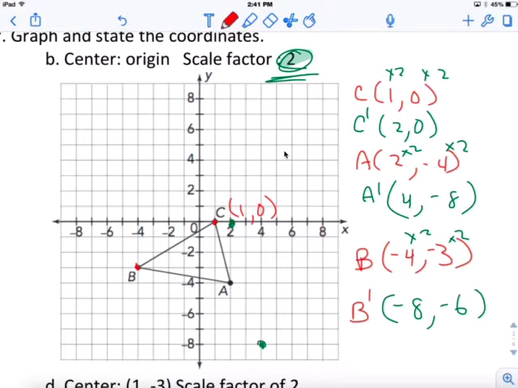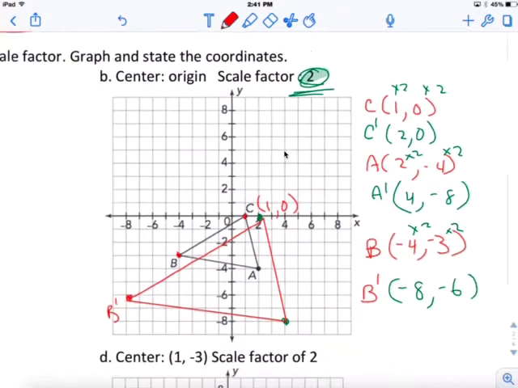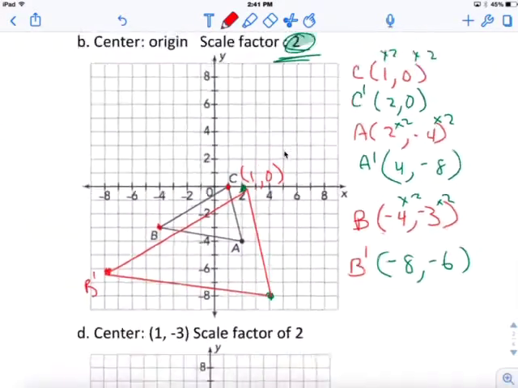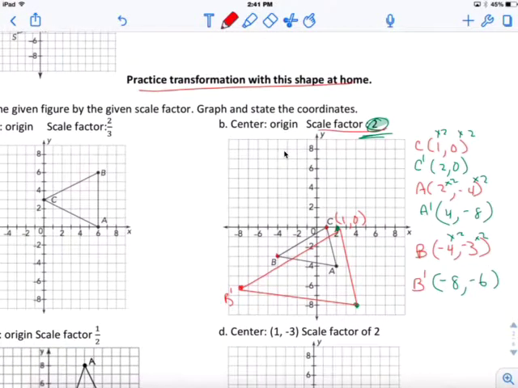Negative 8, negative 6. Connect it. Don't worry about what it looks like. Just do your points and you'll get it correct. This is double the size. That's a scale factor of 2, called an enlargement.